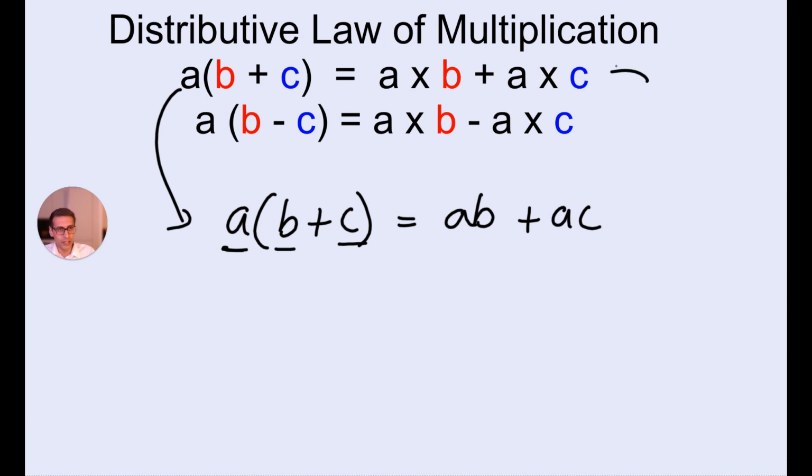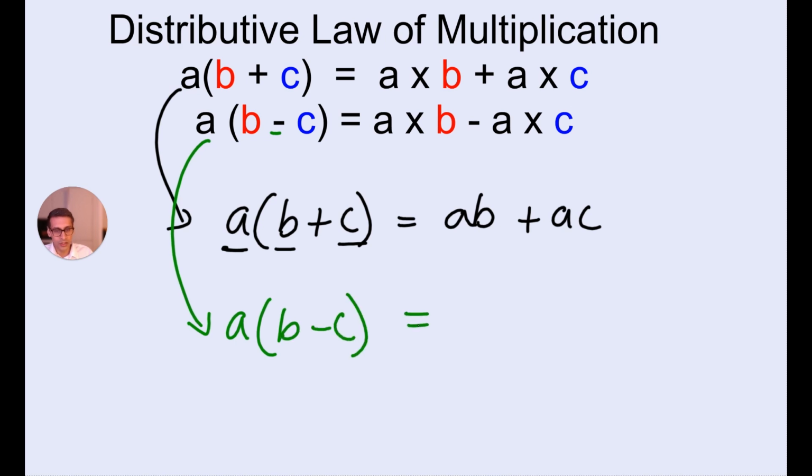And this is just a slightly longer way of writing that. So the other thing we have to look at is what happens if there's a negative sign in the middle. Well, that becomes a(b - c), which then expands to a times b, which is the same as before, ab, and then a times negative c, which is minus ac.